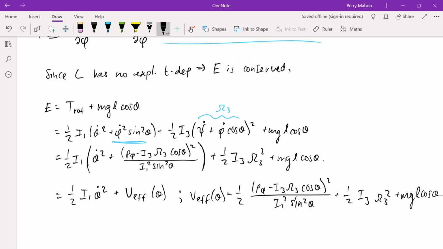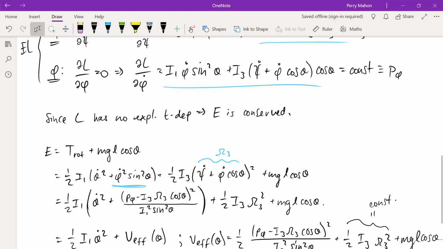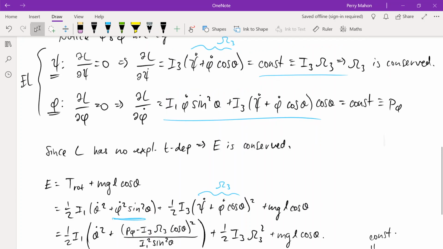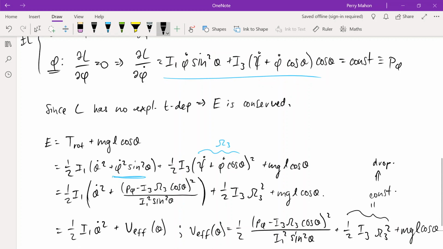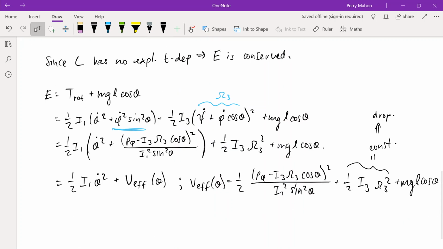And we know that this term is just a constant, right? Because omega 3 is a conserved quantity, that's what we found previously. So we'll end up just dropping this term. So we could do this, right? We know that the Lagrangian is only unique up to an additive constant, so we could just effectively drop constants if we want.